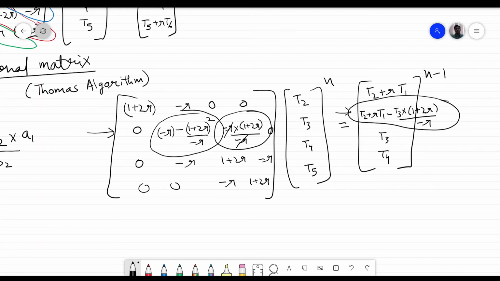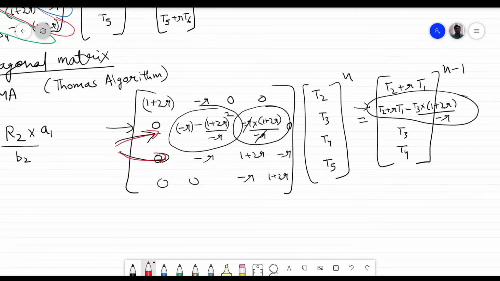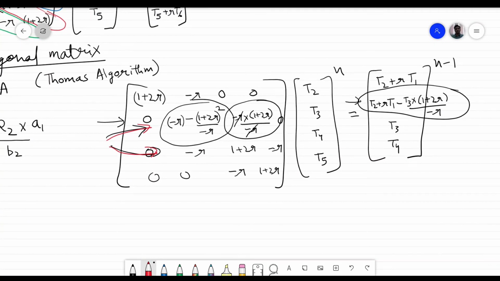Then again you do the same thing by taking these two rows, okay, the second and the third rows. Then by this operation, what will happen is you will be able to eliminate this one here. Then these will get modified, the other two elements, and this will get eliminated.